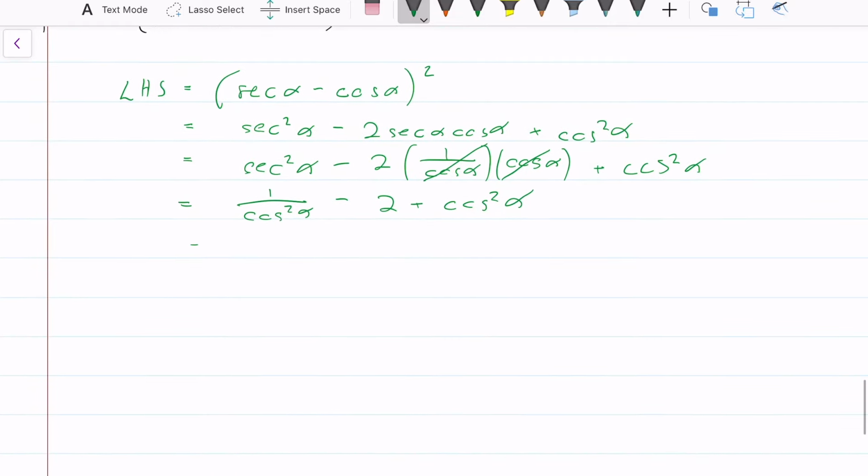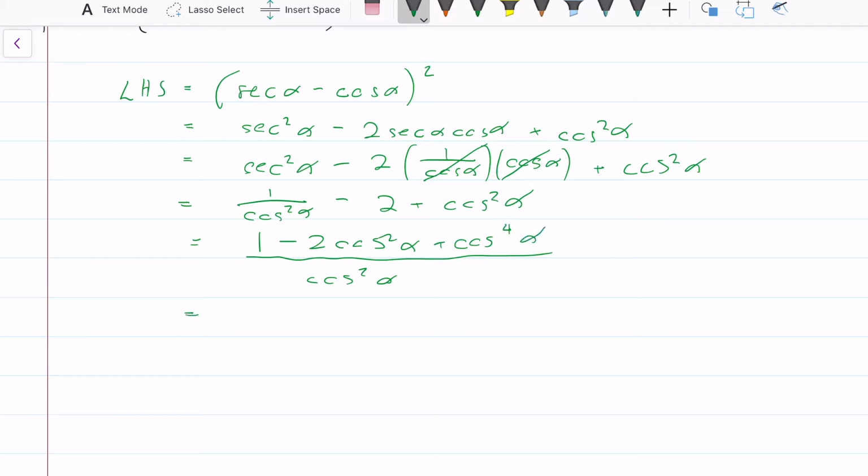Then I'm going to get an LCD of cos squared alpha, and I'm going to have 1 minus 2 cos squared alpha plus cos to the 4 alpha.